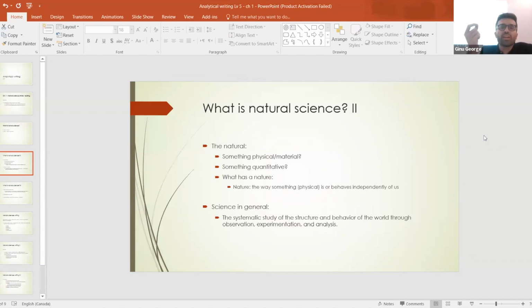If you have to define something that's material, you don't want to say it's a physical thing, because material and physical mean the same thing, right? So avoid that sort of thing.